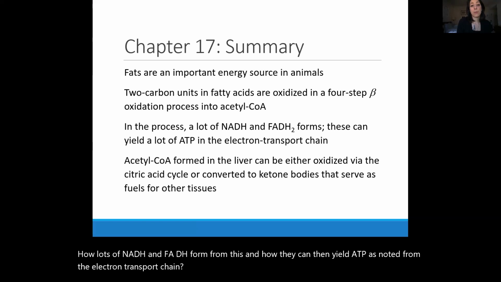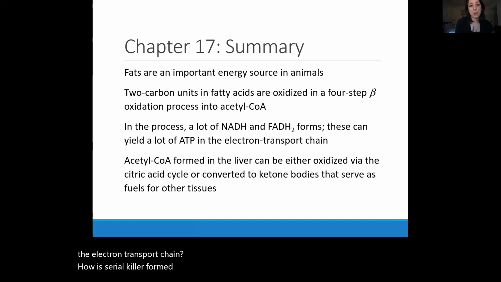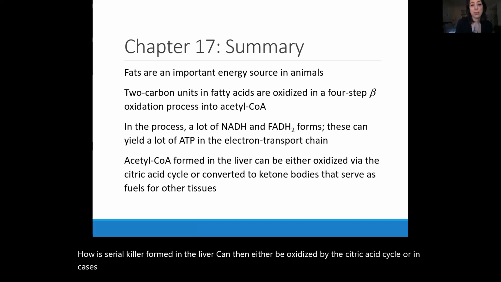How acetyl-CoA formed in the liver can then either be oxidized by the citric acid cycle or, in cases of fasting and starvation, be converted to ketone bodies to serve as fuels for other tissues.